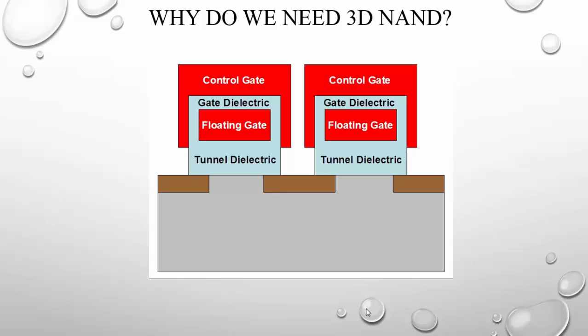The technology has progressed from the standard floating gate to a CTF structure. In the picture, you can see the structure here. This one is a control gate and the floating gate, which we already talked about before.